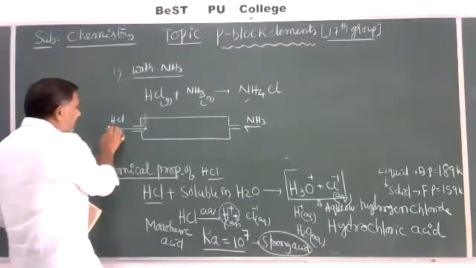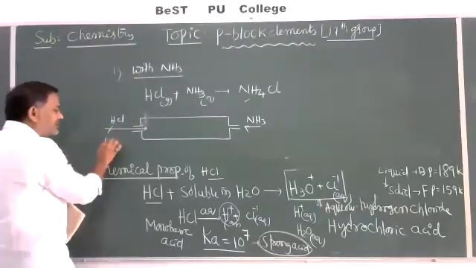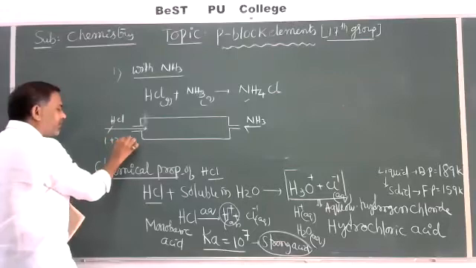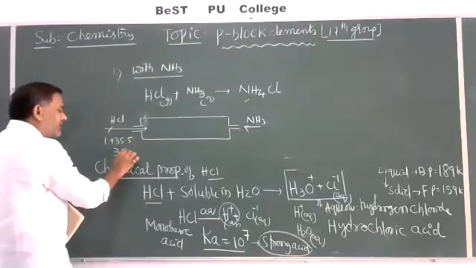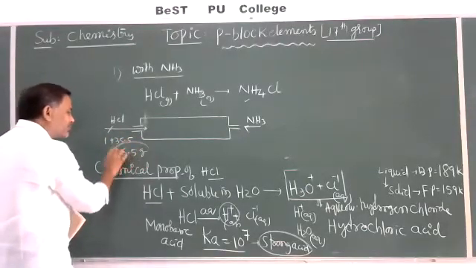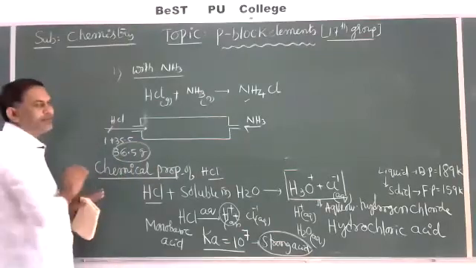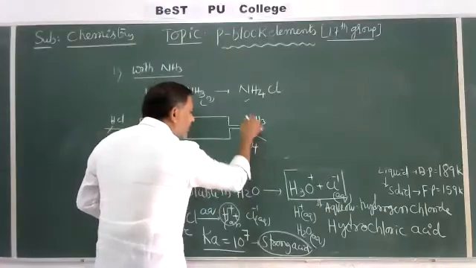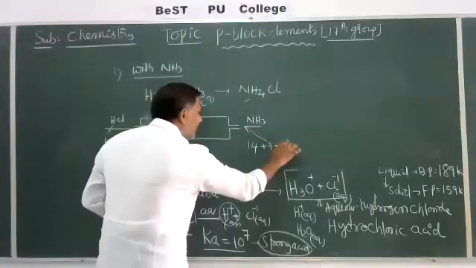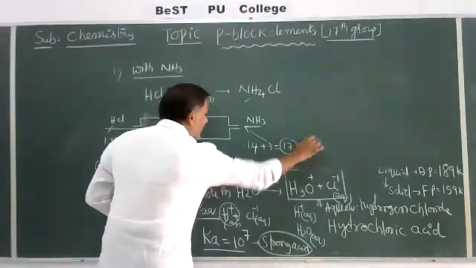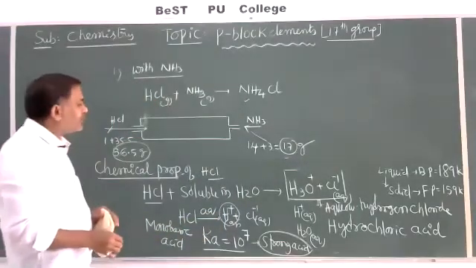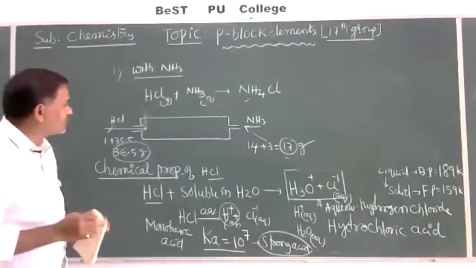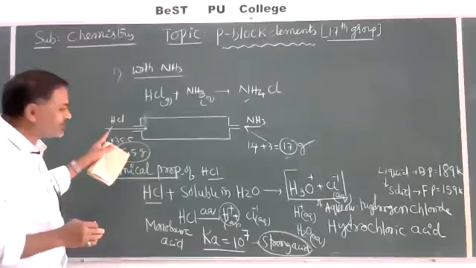Hydrogen's mass is 1 and chlorine is 35.5, total 36.5 grams molecular mass. Ammonia is 14 plus 3, 17 grams. Which gas has the greater molecular mass? Hydrogen chloride.